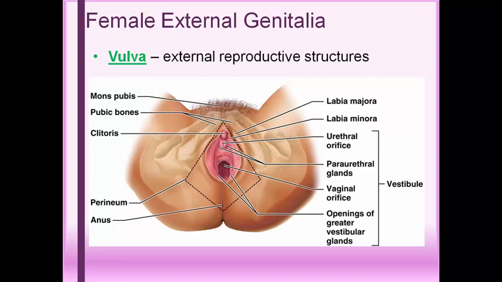Then, of course, the vaginal orifice, and on each side you have vestibular glands. Then, of course, the anus toward the posterior side. The area is composed of the labia majora and the labia minora. And you have the derivatives of those in your lab book, but the textbook calls them the labia majora and labia minora.